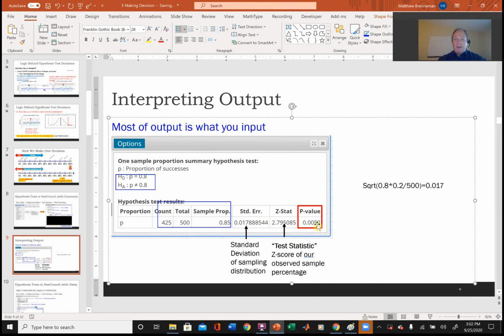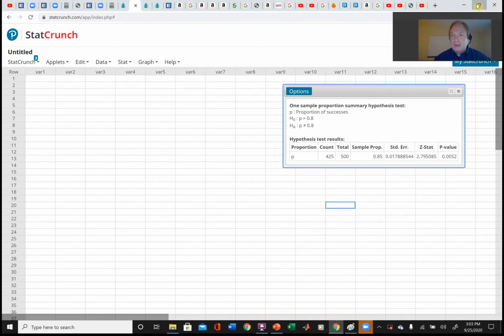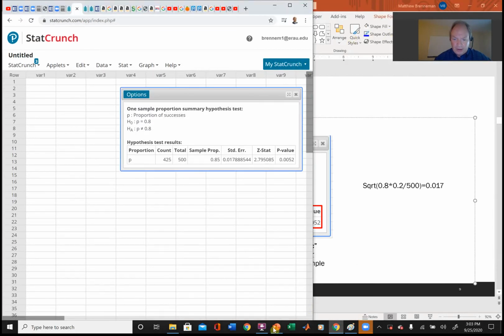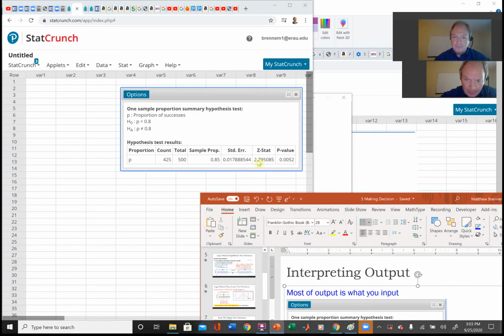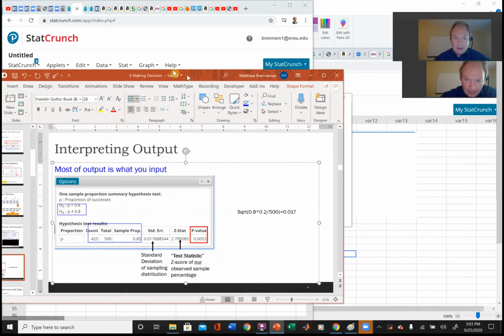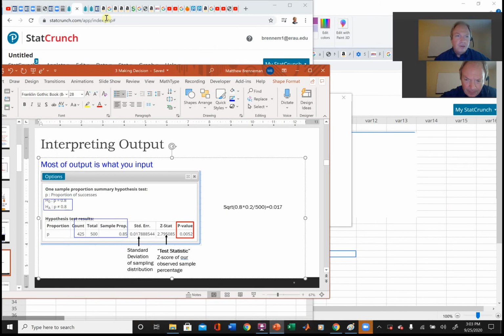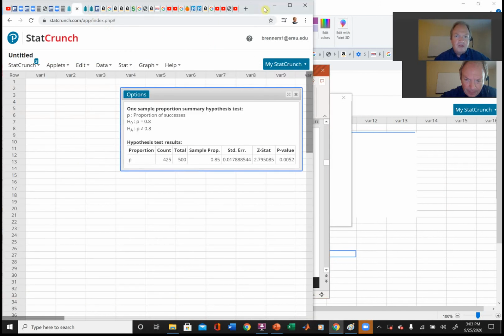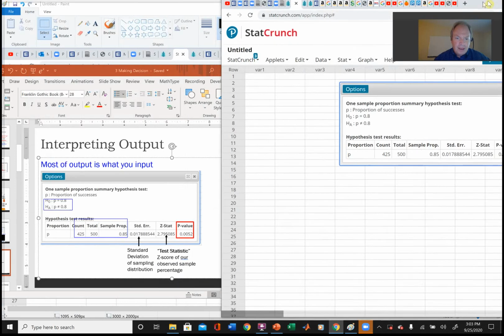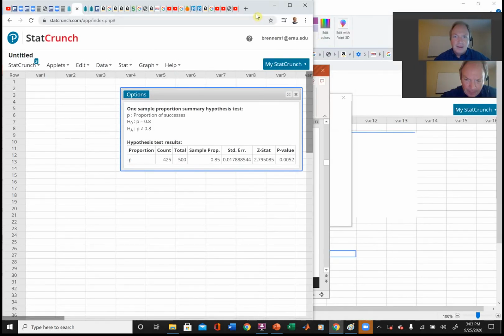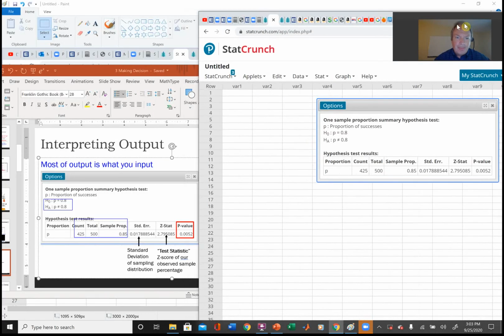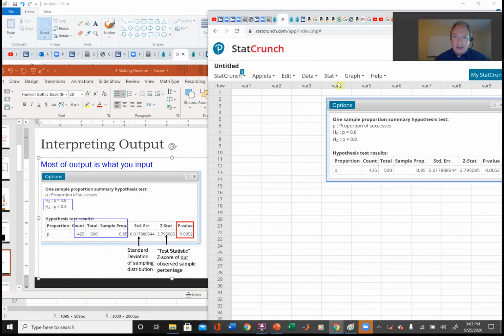And let me show you using StatCrunch just so you can kind of see. You don't have to do this, but it helps you get a little bit of a sense of what's going on here, okay? I'm going to split the screen here real quick. Okay, so this is this. And go over to StatCrunch and pull this over. I'm going to go to the normal calculator.